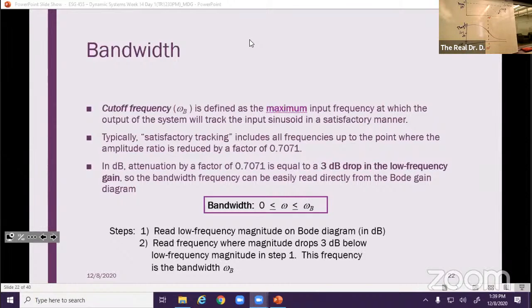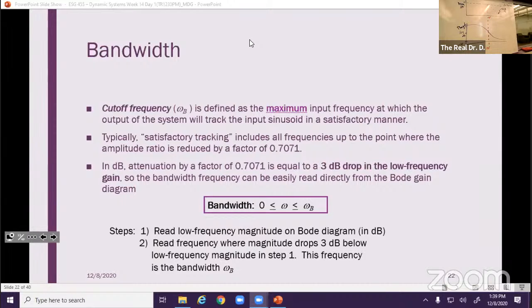In dB, this attenuation 0.707, if you convert that to decibels, is 3 decibels. So we're saying that we want typically to find where we have a 3 decibel drop in our signal so that the bandwidth can be easily read from the Bode diagram.